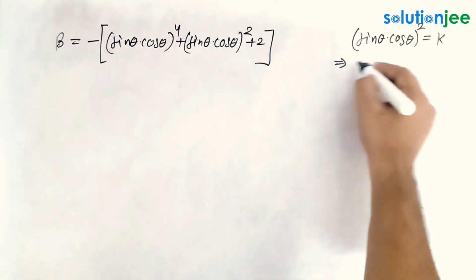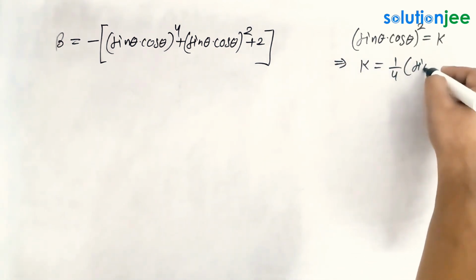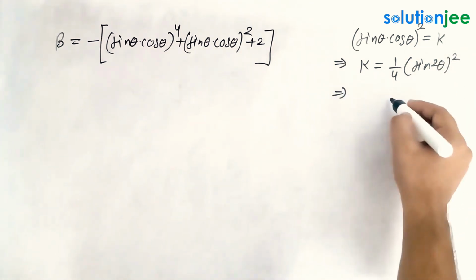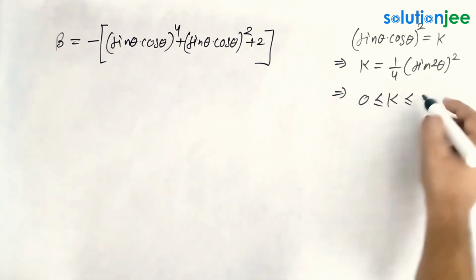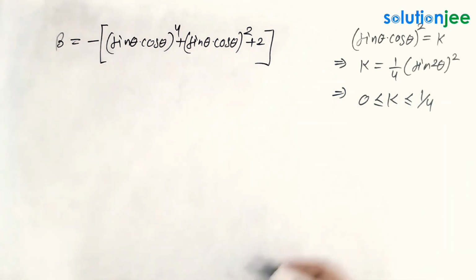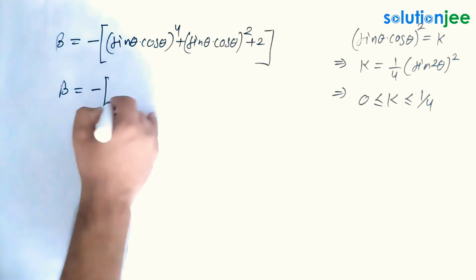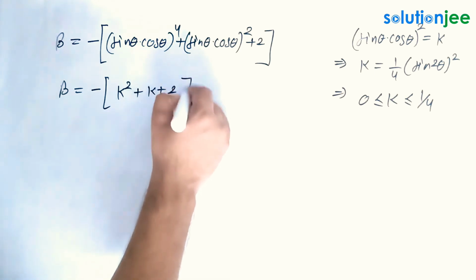So from here we get the value of k, which is equal to 1 by 4 sin 2 theta whole power 2, and here k varies from 0 to 1 by 4. Okay, so beta will be equal to minus k square plus k plus 2.